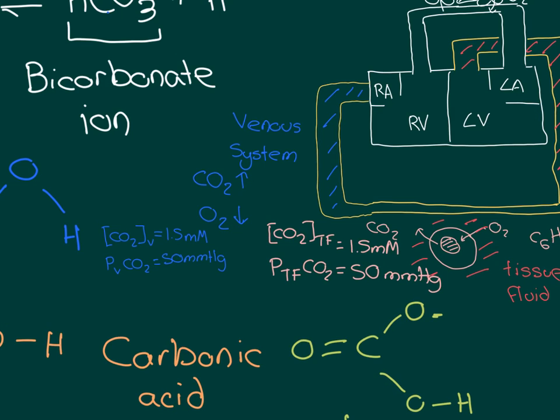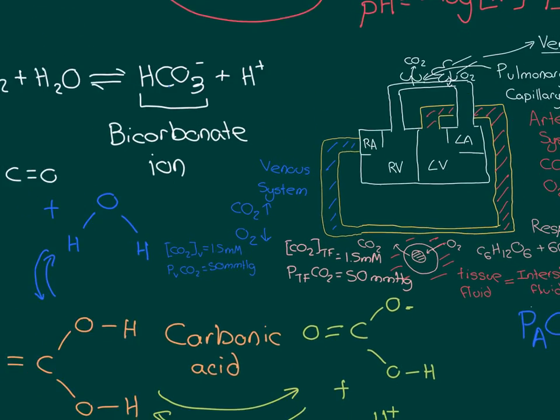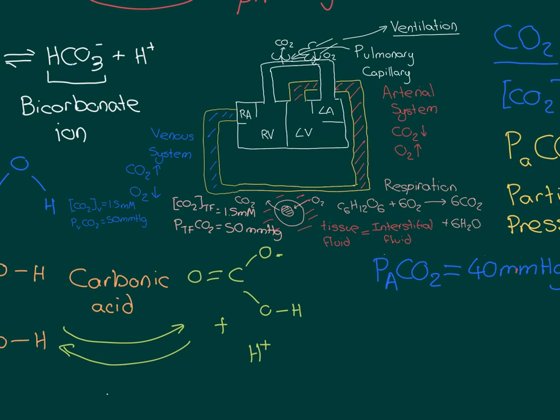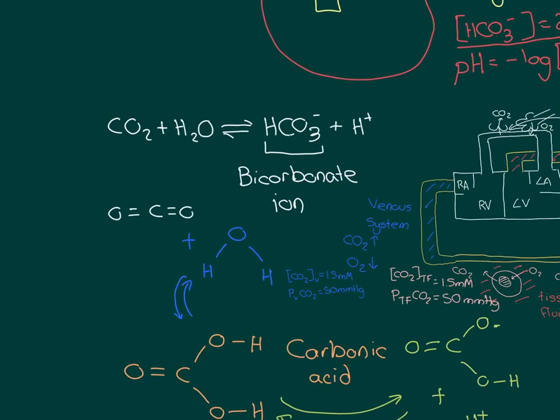Okay, right. So the dissolved concentration then of carbon dioxide in the venous blood is higher than it was in the arterial blood. Right. Now, of course, that's going to have an effect on the equilibrium that we've just discussed.